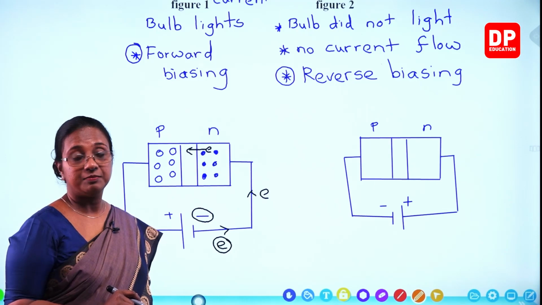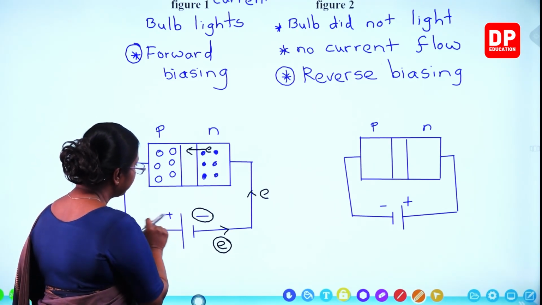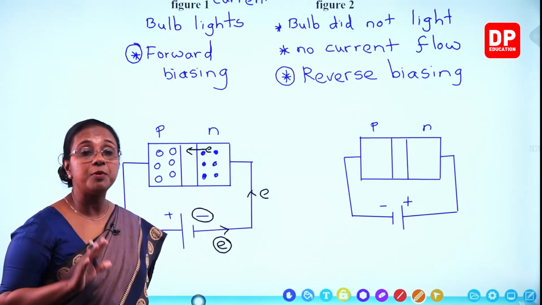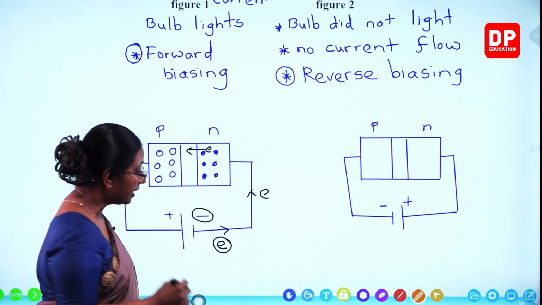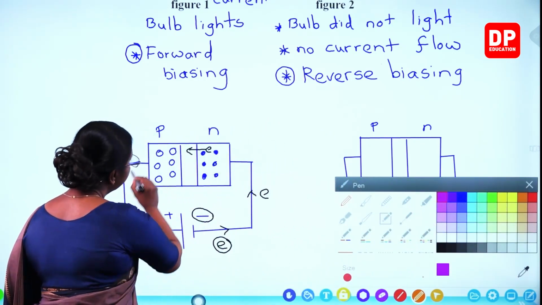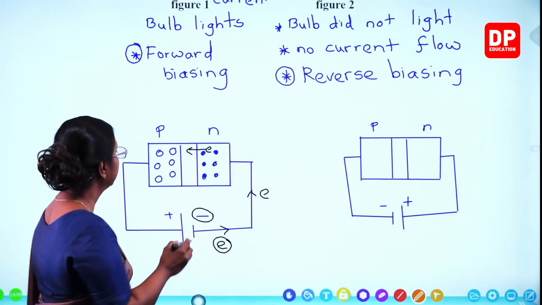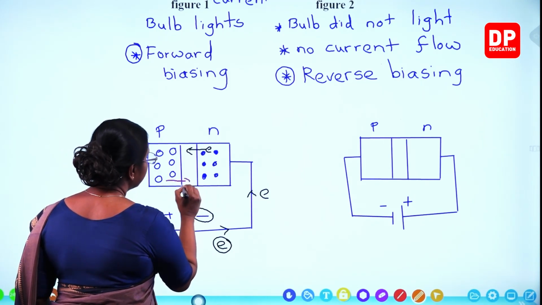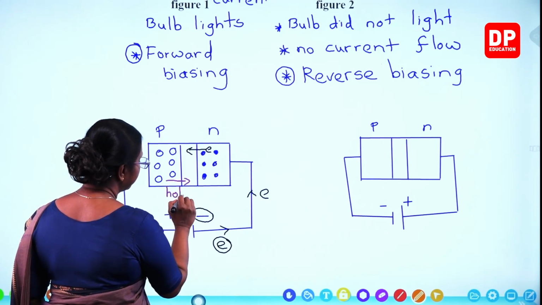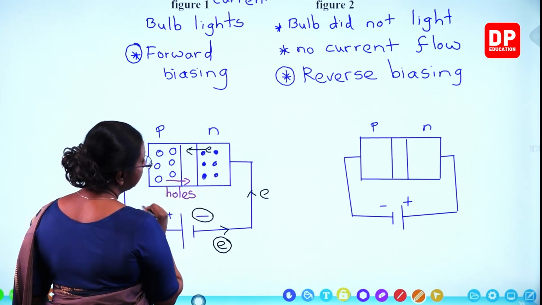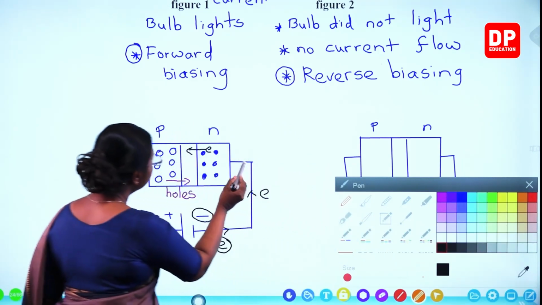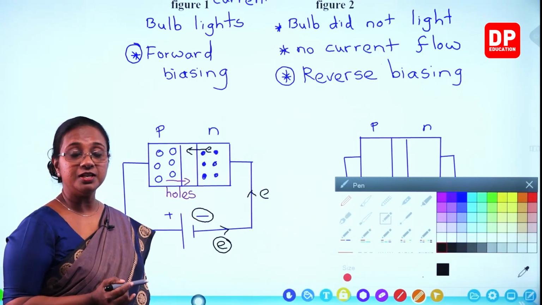At the same time, the positive terminal is here, and the holes are here, both positive. Due to the positive potential provided here, the holes will be pushed this way. So holes will move towards the depletion region, and at the same time, electrons also move towards the depletion region.